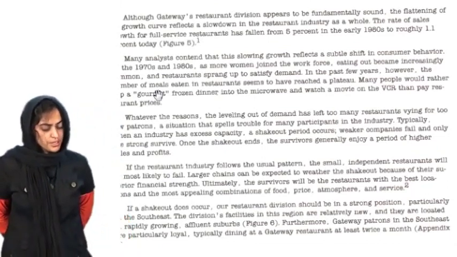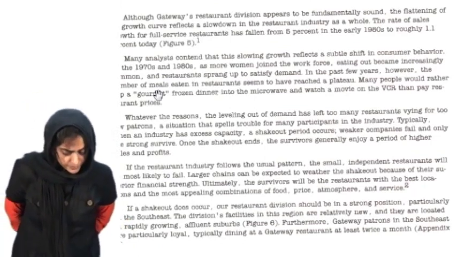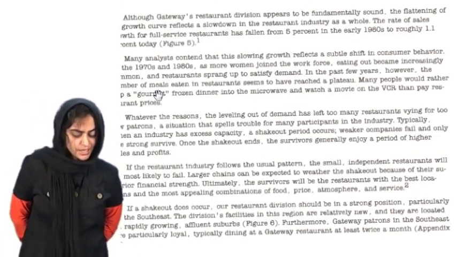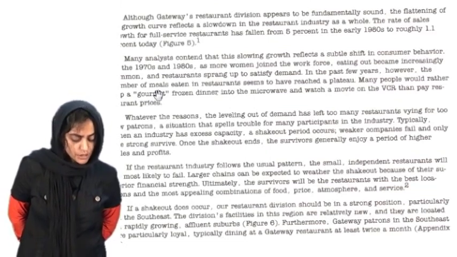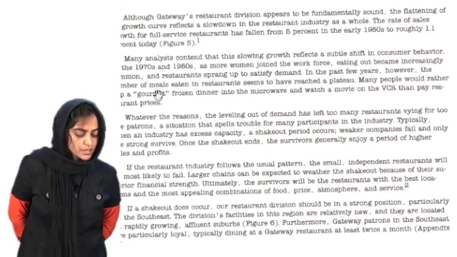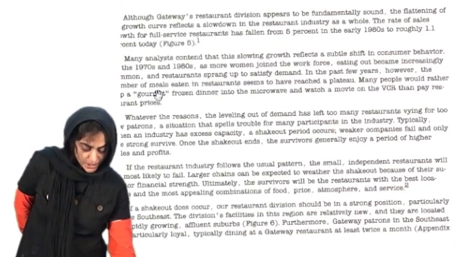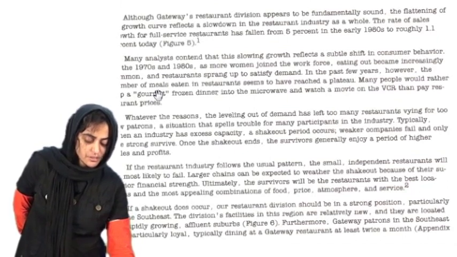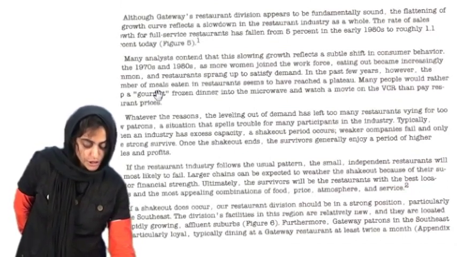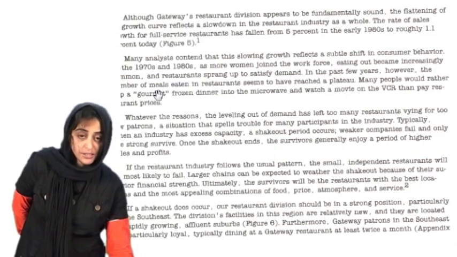Many people would rather pop a gourmet frozen dinner into the microwave and watch a movie on the VCR than pay restaurant prices. Whatever the reasons, the leveling out of demand has left too many restaurants vying for too few patrons, a situation that spells trouble for many participants in the industry.